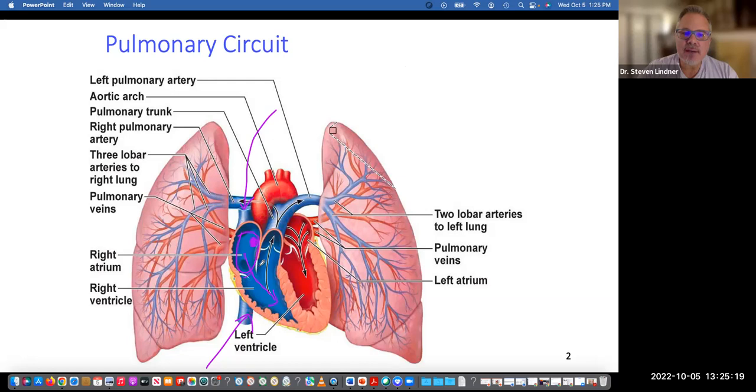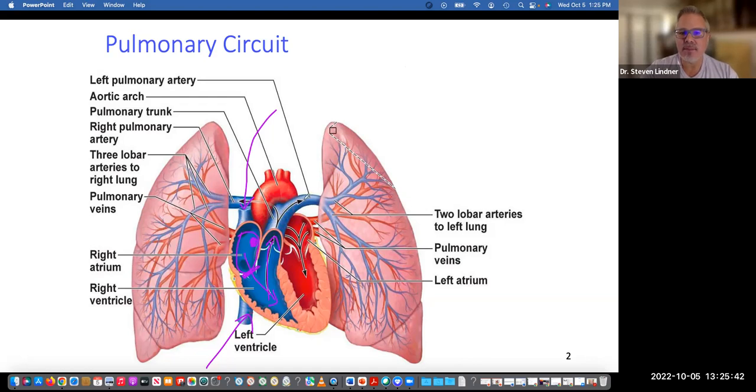It's going to shut the tricuspid and push the blood up into the pulmonary semilunar. It's a push valve here. When that opens, blood goes into the pulmonary trunk and into the pulmonary arteries. In this case, the arteries are blue because it's deoxygenated.